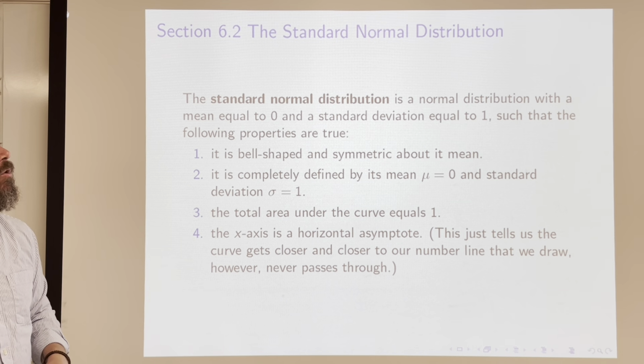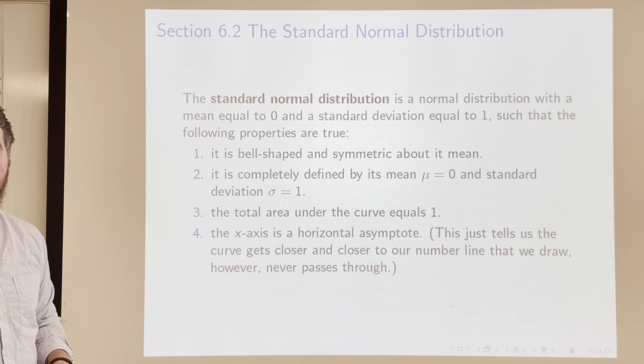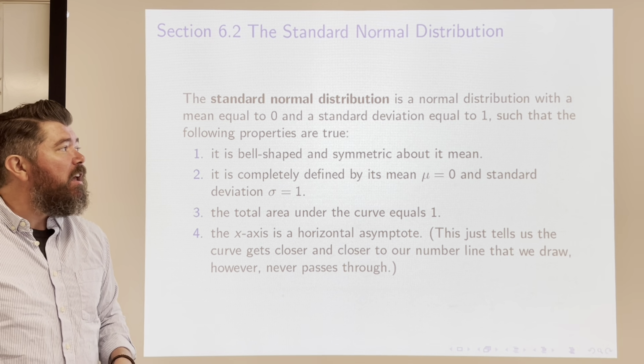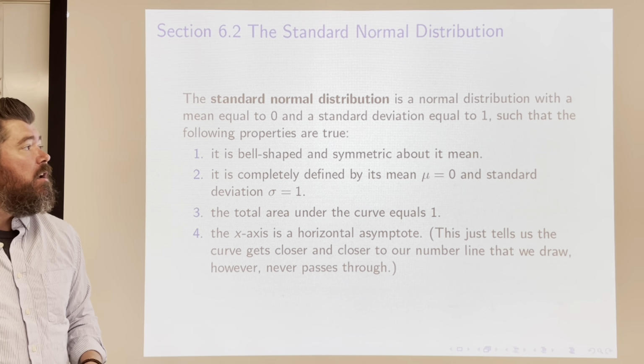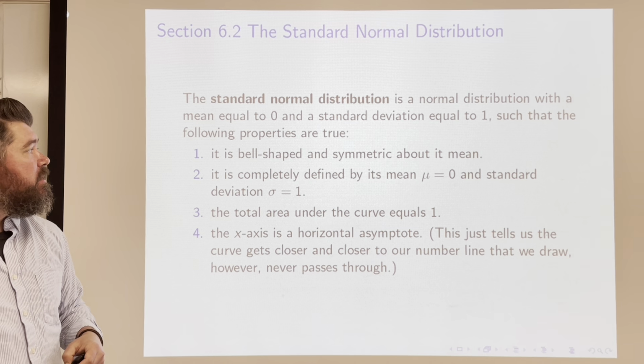The standard normal distribution is a normal distribution with a mean equal to 0 and a standard deviation equal to 1. Such that the following properties are true.